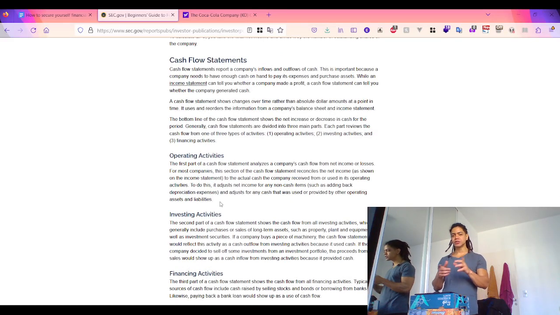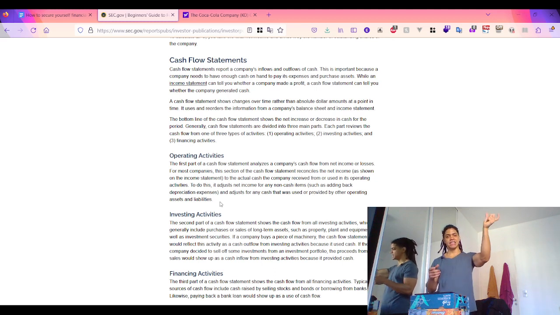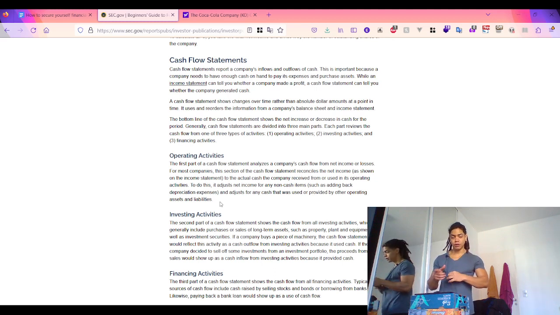To do this reconciliation between the net income and the total amount of cash that was used from operating activities, as I described earlier, first they look at the net income and adjust for any non-cash items, items that affect the income of the company.